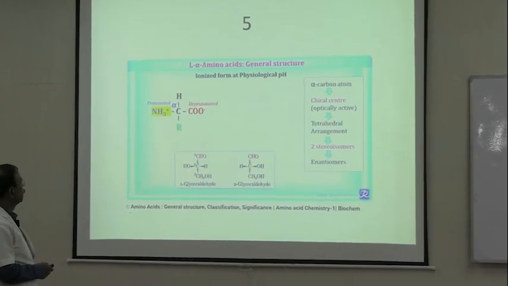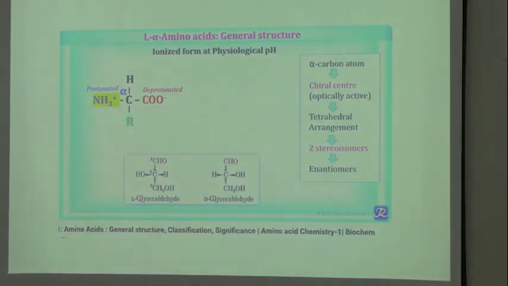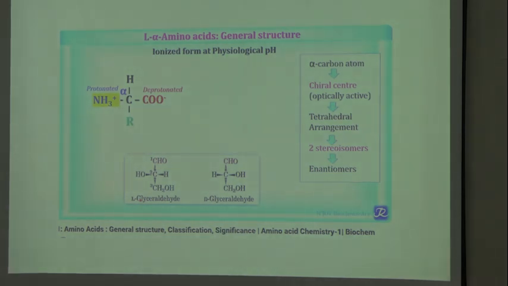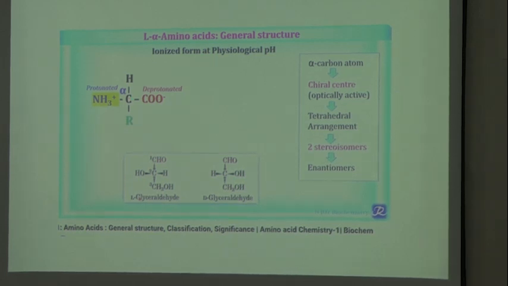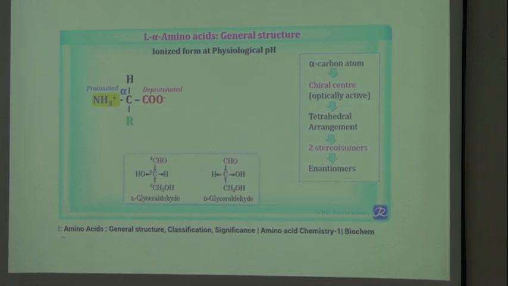In nature, amino acids remain ionized at physiological pH. Now, in the structure of an amino acid, we can see that this carbon has 4 different molecules attached to it.